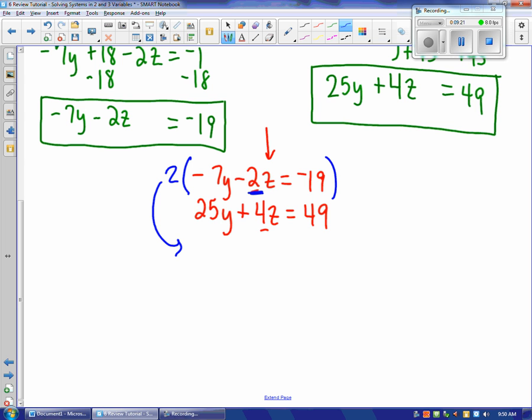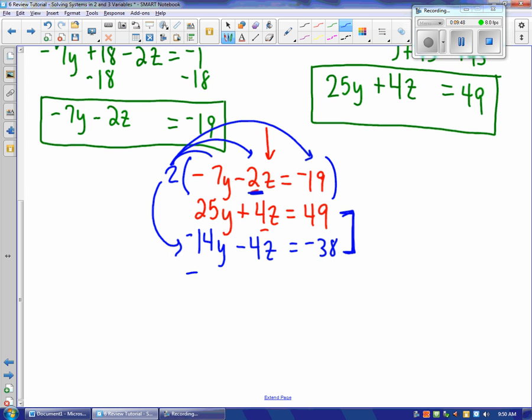So when I distribute the 2, that's going to give me a negative 14y, and that's going to give me a negative 4z. I still have my equal sign, and now I need to multiply 2 times negative 19. And that gives me a negative 38. And now I'm basically just combining these 2 equations.